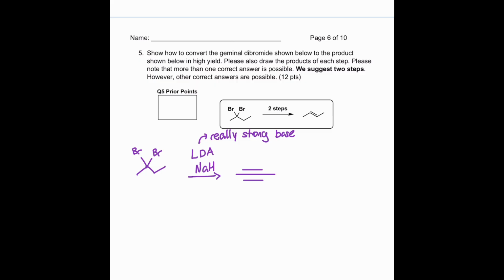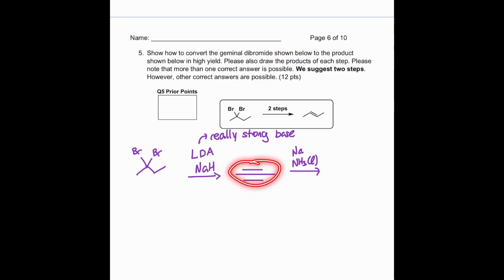So then from there, we're going to want to use our knowledge of things that reduce a triple bond down to a double bond. And the first thing that I think of is Na and NH3 as a liquid. This is just one of those general knowledge things that I highly recommend knowing.